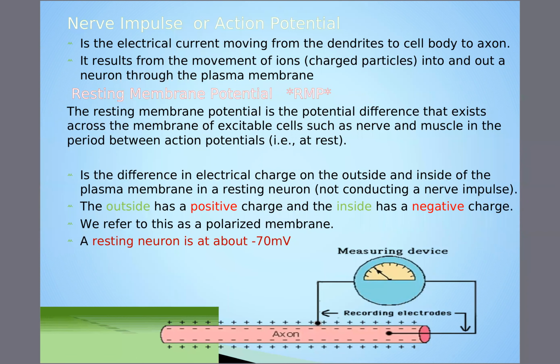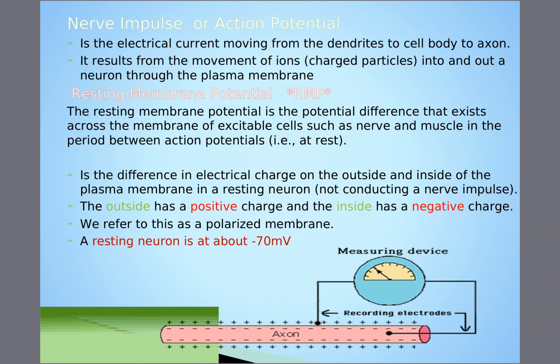So this difference is called the resting membrane potential: the difference in the electrical charge on the outside and inside of the plasma membrane in the resting neuron not conducting a nerve impulse. That is, the plasma membrane inside and outside the excitable part. We have not yet reached the stage of stimulation, where commands come to make this part do something.